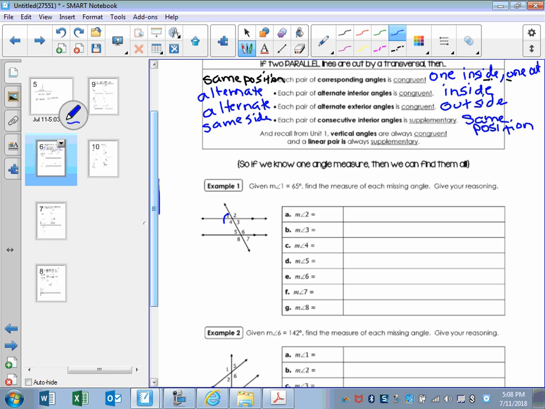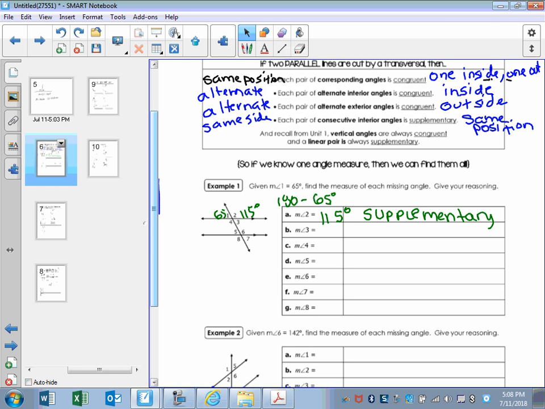I want to know what angle 2 is. Since these angles are supplementary, I can go to my calculator and say that angle 2 equals 180 minus 65. That gives me, don't forget your degree symbol, 115 degrees. So right now, I know that angle 1 is 65 degrees, and this angle is 115 degrees.